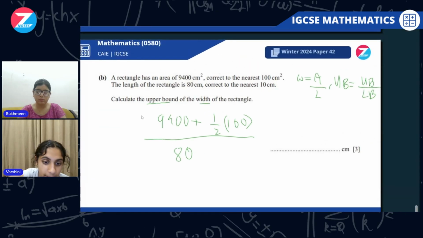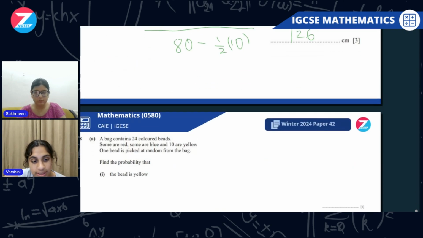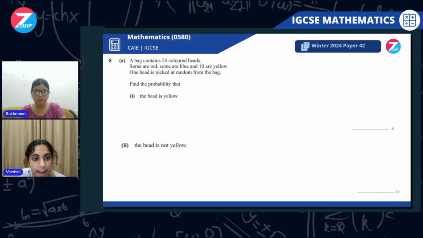It's going to be minus half of 10. So now we just have to put that in our calculator and we'll get 126, which is our answer.